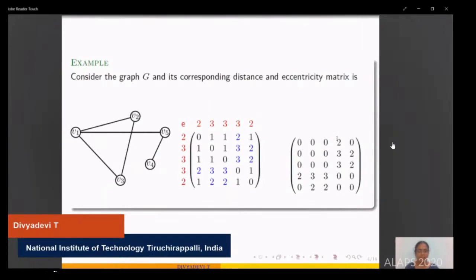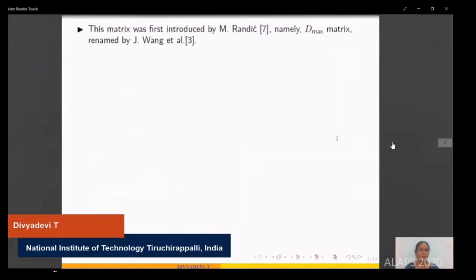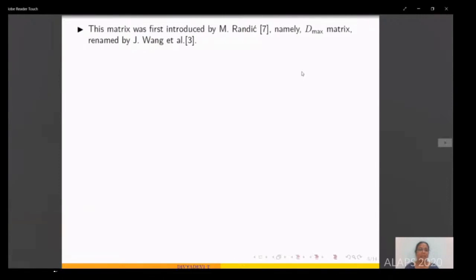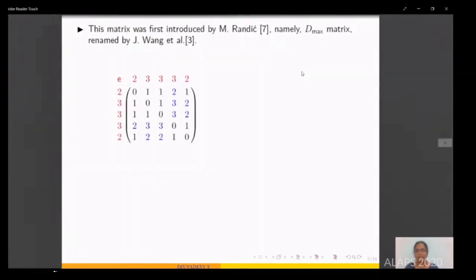Let us list some of its properties. This matrix was introduced as the Dmax matrix by M. Randic in 2013. It has the name Dmax because of a peculiar property: it retains the maximum distance in each row and each column of the distance matrix. Consider the distance matrix of the previously discussed example.